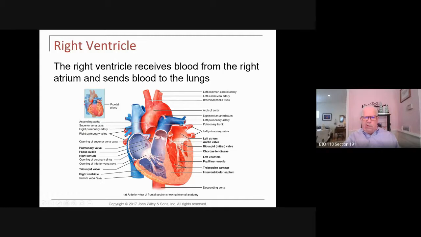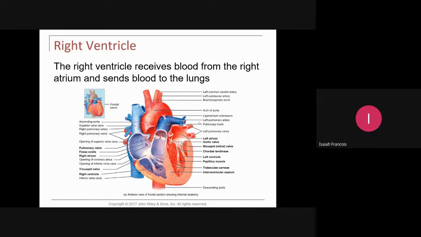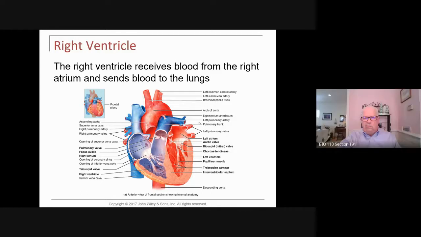The right ventricle pumps the blood into the lungs. And once it's in the lungs, the lungs get rid of waste, carbon dioxide, and give the blood oxygen. Everybody follow me so far? Yep. Okay, good.